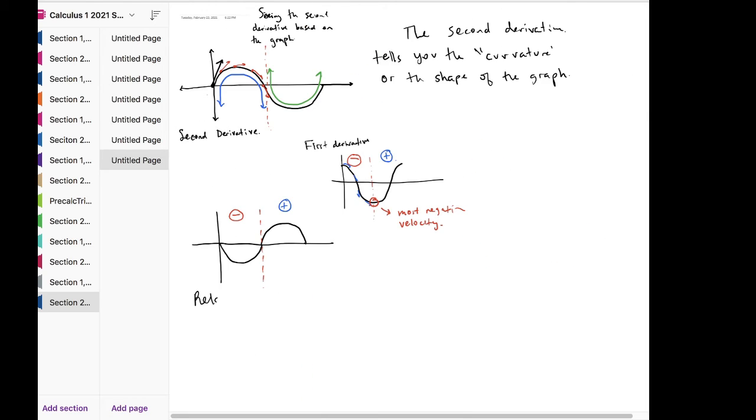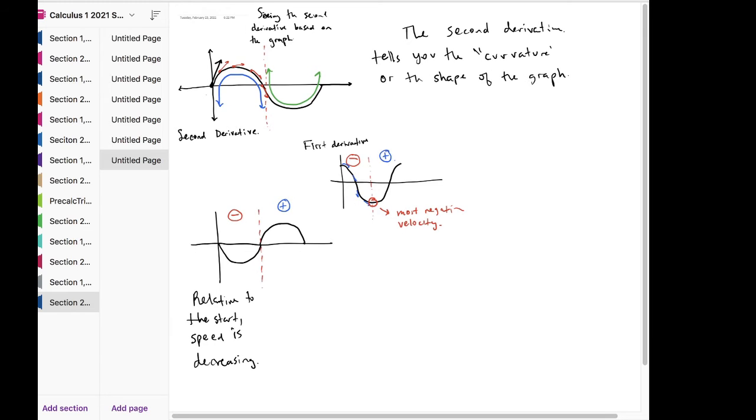Everyone see that? Like the tangent lines are getting less and less steep. And then on the other side, so that's why it's negative acceleration.